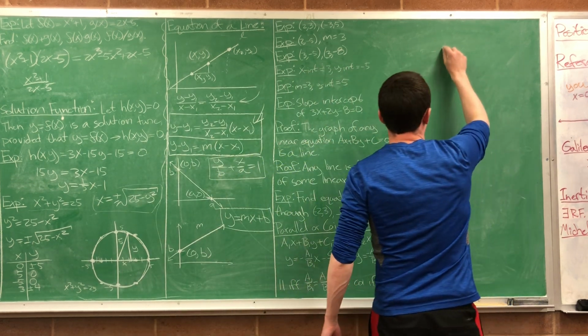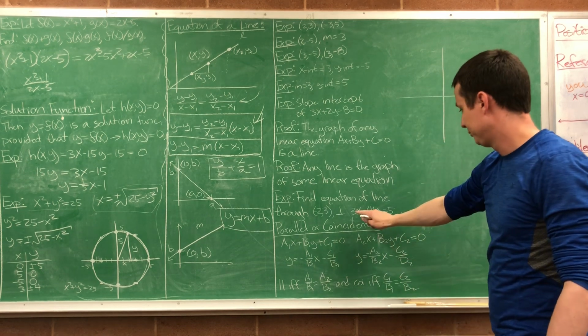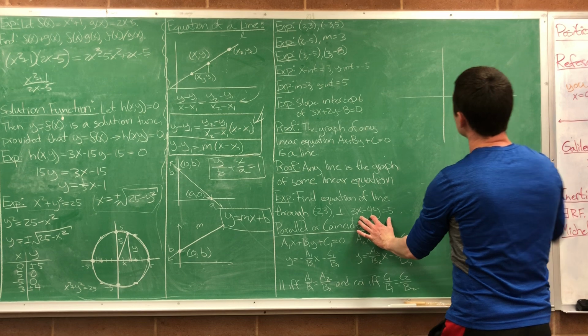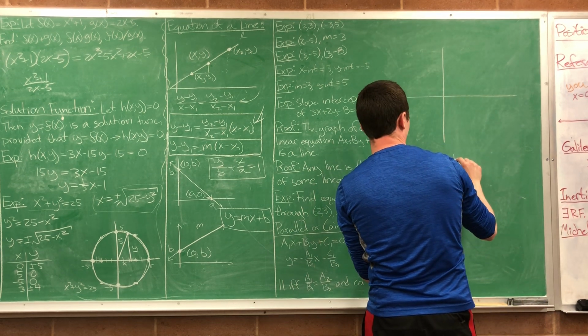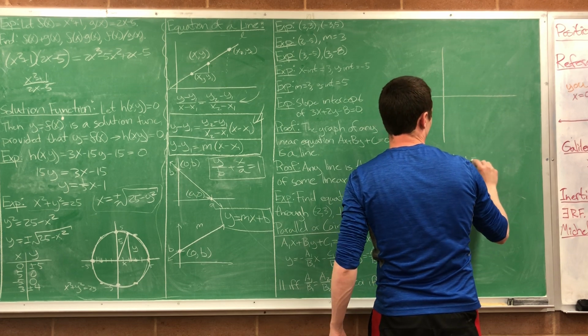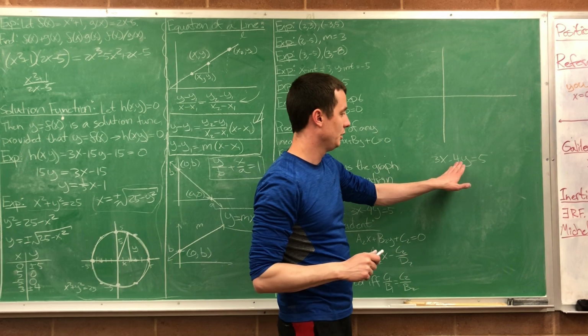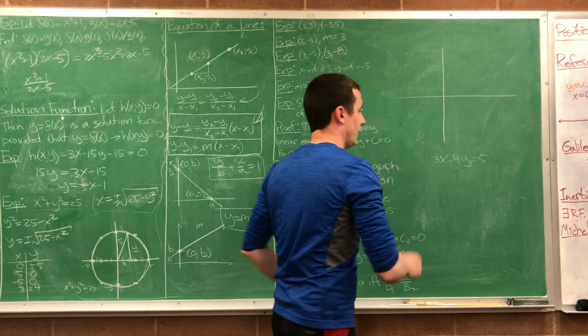So let's get some intuition for this. First off, let's figure out this line really quick. This is 3x minus 4y equals 5. Solving for y, I'm going to move y to the other side and 5 to this side, but write it in backwards order.